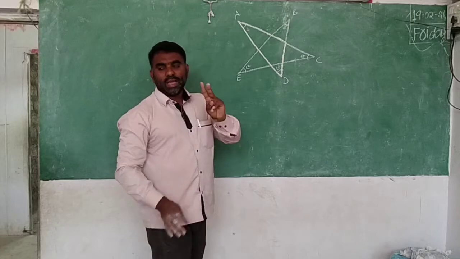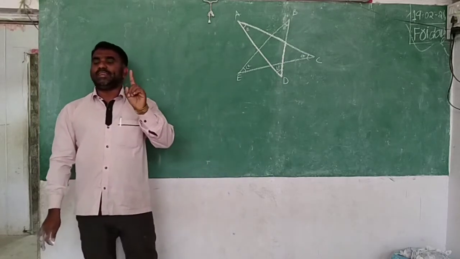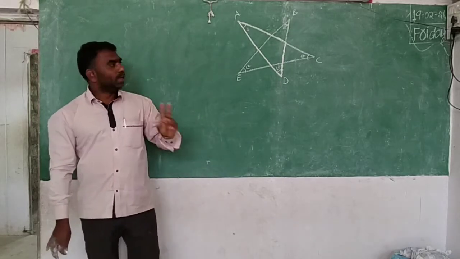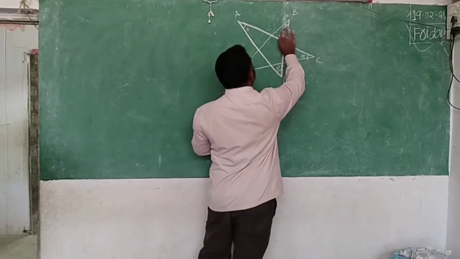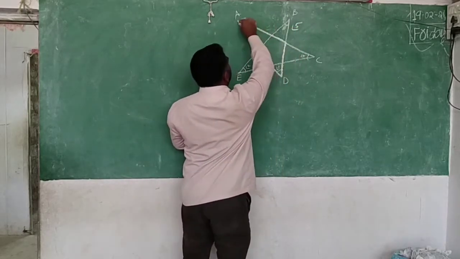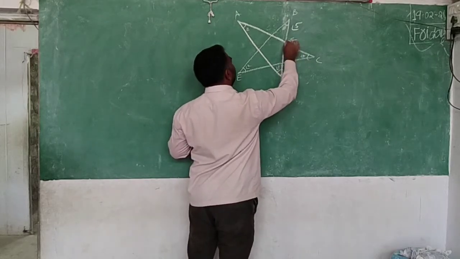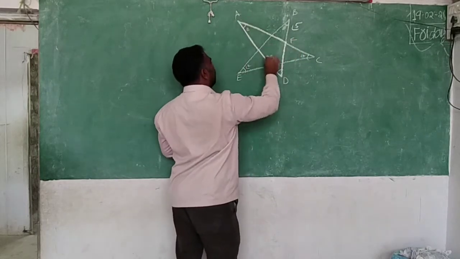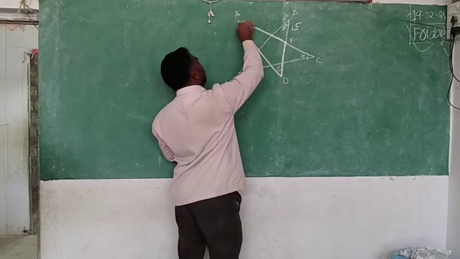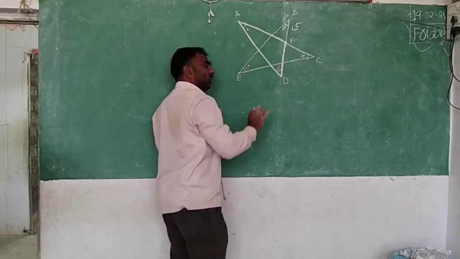Out of that, we have taken one triangle which has 2 angles. Here something is there, that we will think is F. A, D, F. This is one triangle, no?